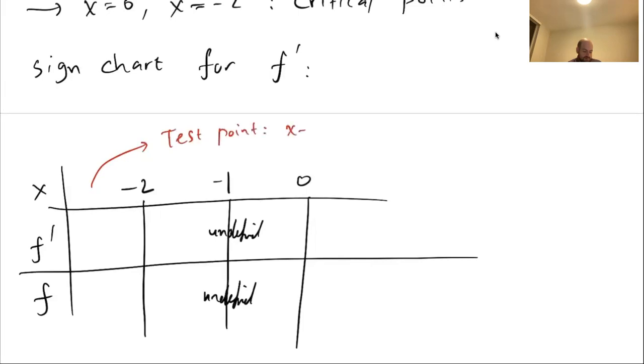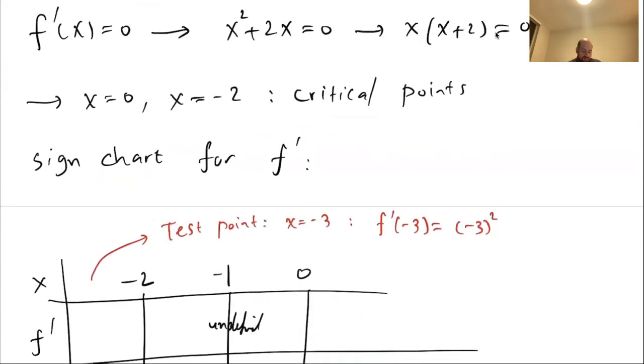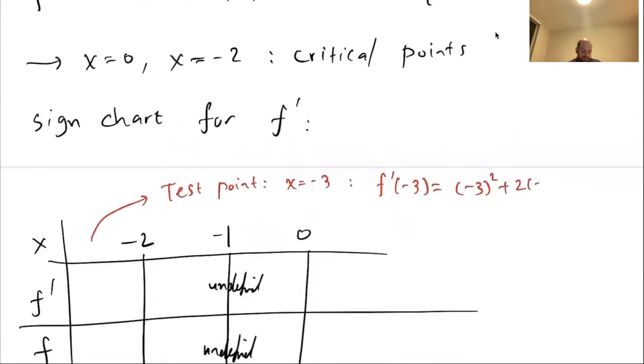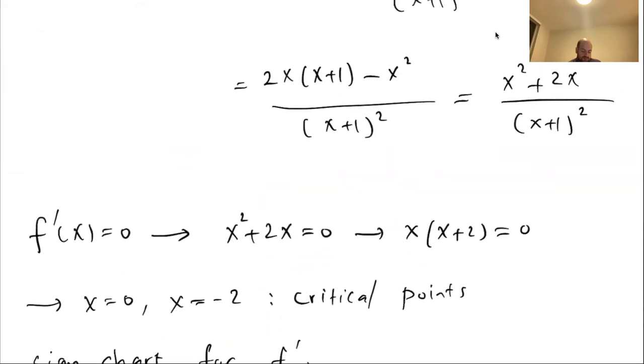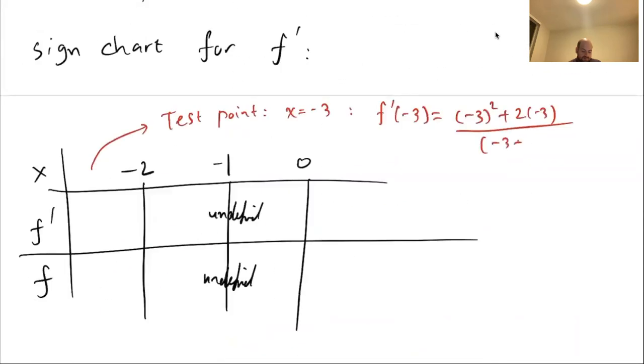Test point x equals minus 3. Then f prime of minus 3 will be minus 3 squared plus 2 times minus 3, divided by minus 3 plus 1 the whole squared. It is 9 minus 6, positive, divided by positive, so it will be positive. So positive here, negative here.